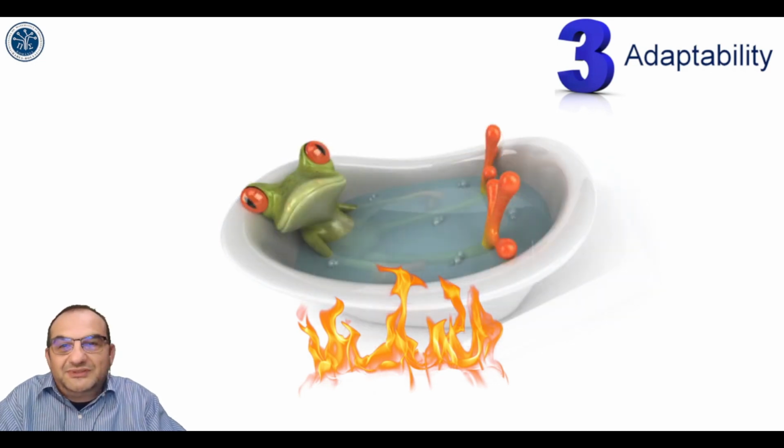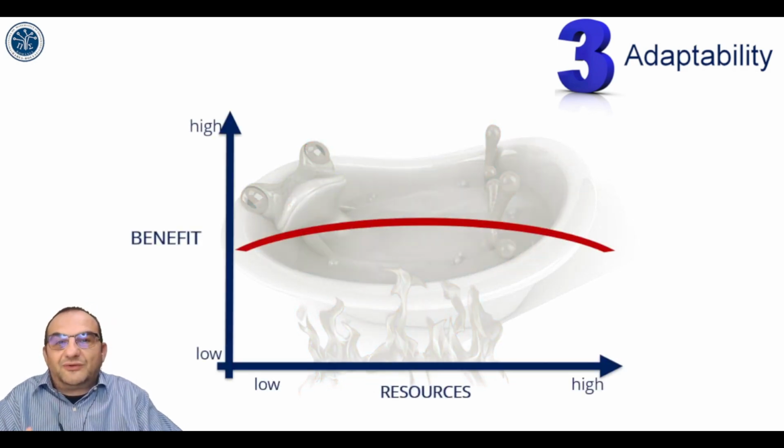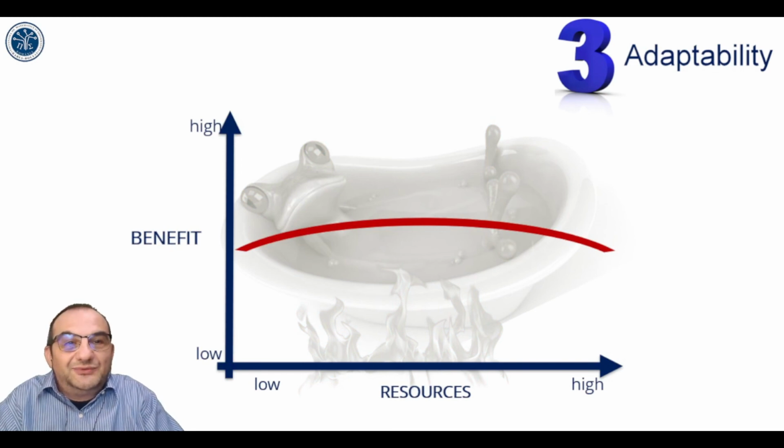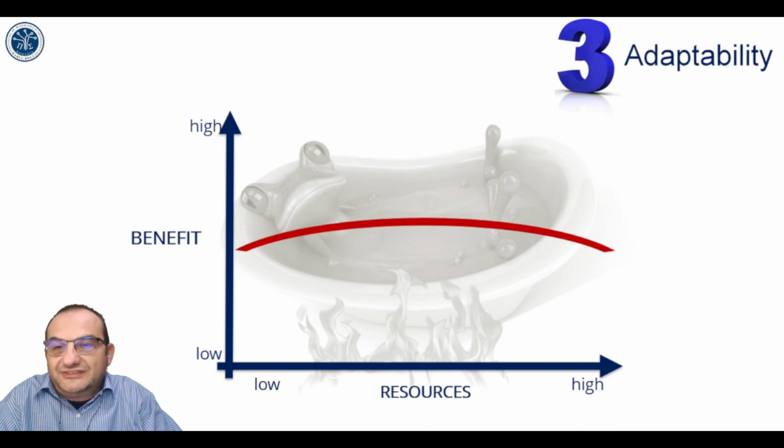Why does that happen? Because the frog adapted to the environment, and that frog did not realize that it became too dangerous. In other words, when we are working on a project, we feel that we are in the sweet spot just because the changes on that project are coming too slowly. And for us, that inverted U curve becomes very flat, and we just do not see the risks.